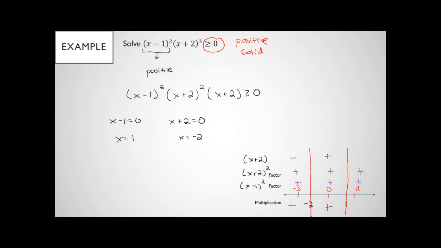And then if I plug in 2, 2 plus 2 is 4, that's positive. All of those are going to be positive. So now I've got my sign chart here. And we want all the numbers that are positive because it's greater than or equal to 0. So when I combine this, this is what it looks like on my number line.